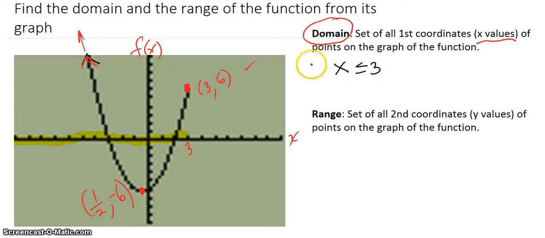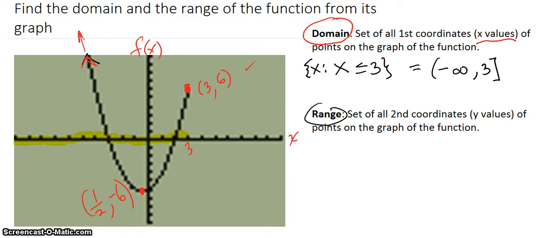In set notation, that would be set of x such that x is less than or equal to 3. And we're going to see later, or you may have seen this in Algebra 1, that's the same thing as saying negative infinity open to 3 close bracket in interval notation. So that's where all the x values are.